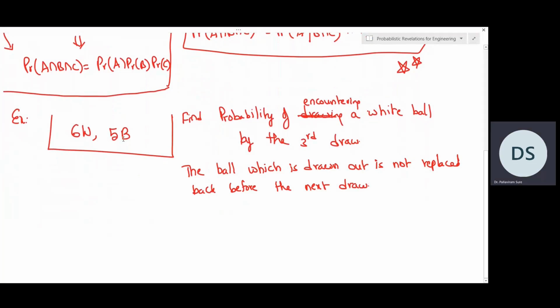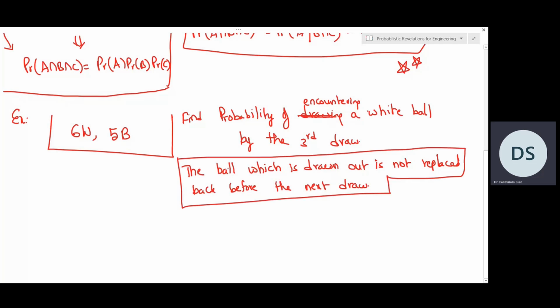In my previous videos, we have done exactly this problem, but however, the assumption was the ball which is drawn out is replaced back before the next draw. So here the change of assumption shows that there is something else that we have to look into. So this is the assumption that we are going to make.